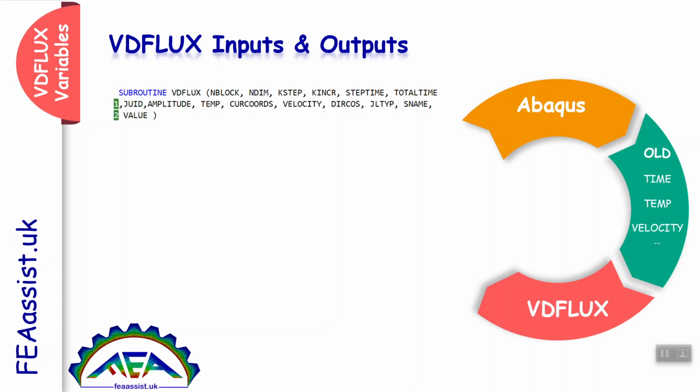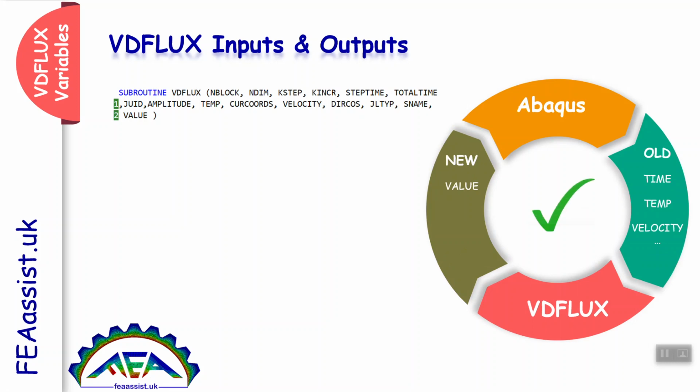In VDFlux, we need to get these variables and recompute the value, which is the flux. So the value, or flux, is transferred to Abaqus. Abaqus will use this value to recompute the time, temperature, velocity, and other variables.